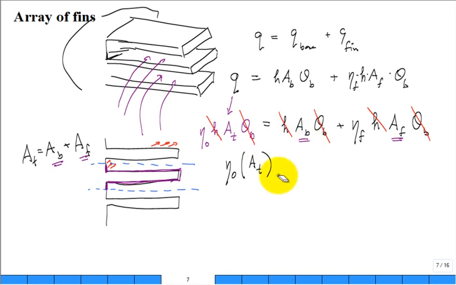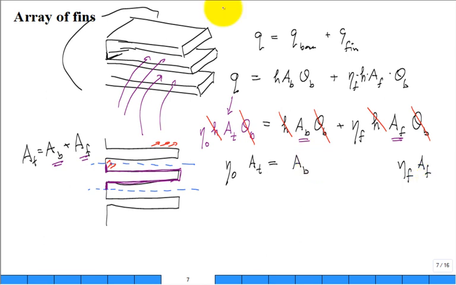So let me rewrite this equation here. Equal to A sub B, and then we'll have A sub F right there, and A sub F right there.